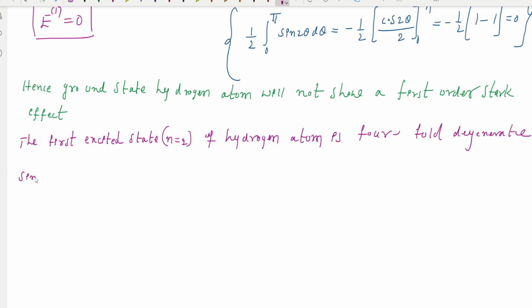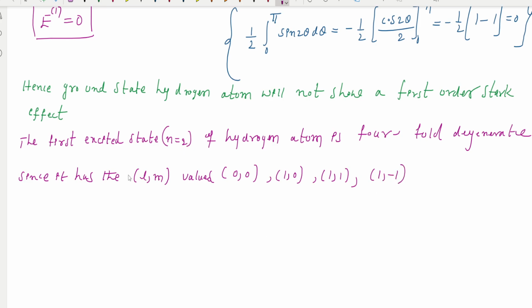Since it has the l, m values, right? So the values I'm going to write here: 0, 0; 1, 0; 1, 1; and 1, minus 1. L values: 0, 1, 1, 1.